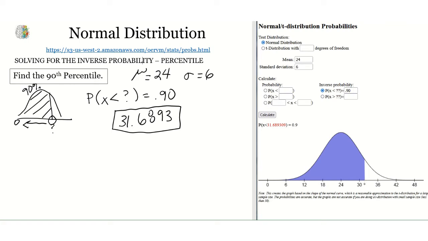That's my X value, and that is going to be the X value that will give me a 90th percentile probability, and the 90th percent probability is this purple shaded area. So this unknown value here is 31.6893.